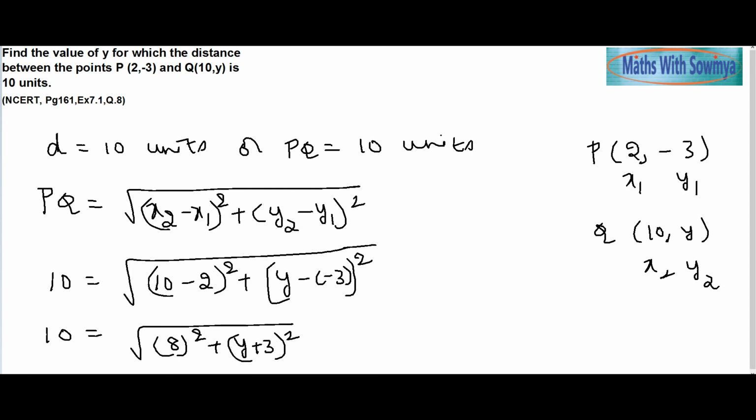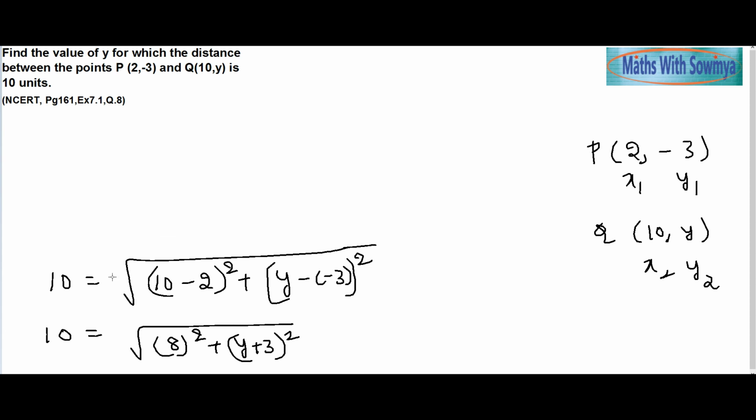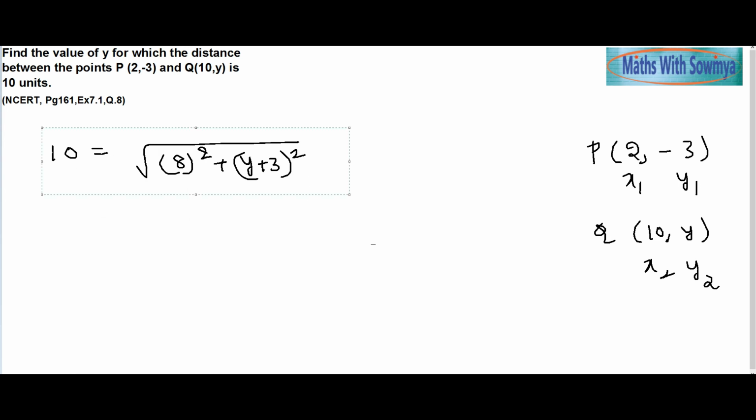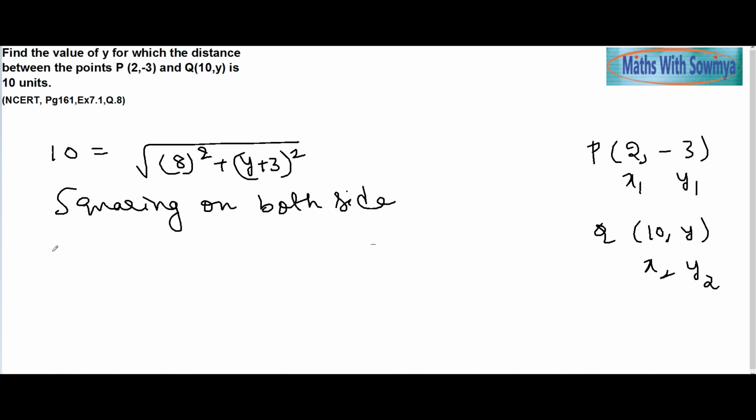Now again, whenever you see the square root, to remove that we say squaring on both sides. So we say the same here also, squaring on both sides. This will become 10 square.